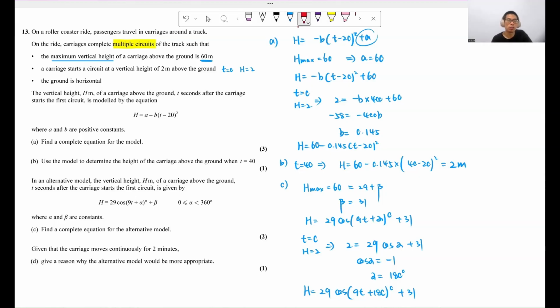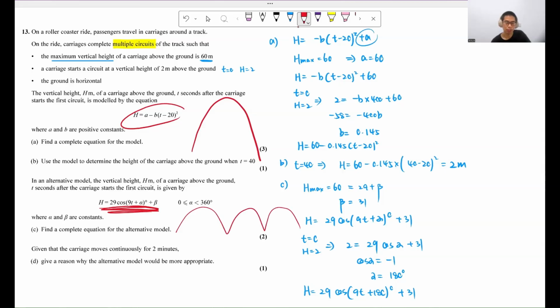A quadratic can't perform multiple circuits because a negative quadratic just looks like this, going to negative infinity on both sides, so that won't perform multiple circuits. But this is a periodic equation because it's cos, so it will go something like that. That's why this is more appropriate.